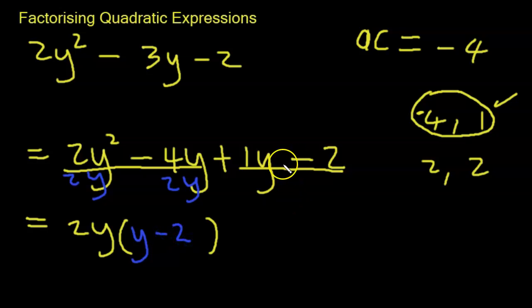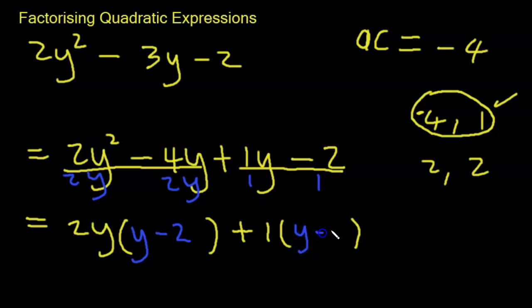Over here, what's the common factor? Y is not common, so the only common factor there is 1, right? So we factor out 1. And if we factor out 1 to get the terms of the bracket, we divide both of these terms by 1. Alright, divide by 1 doesn't change the value, right?